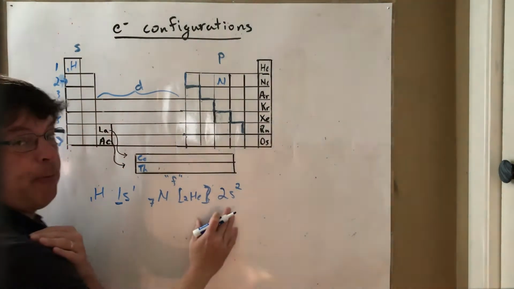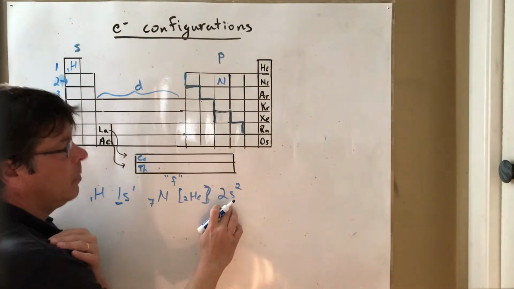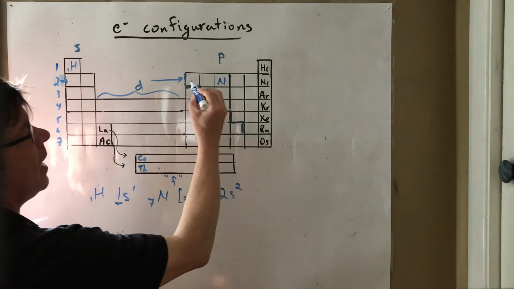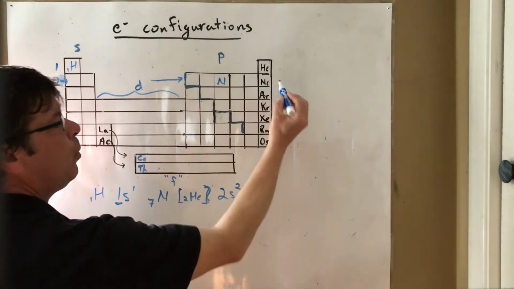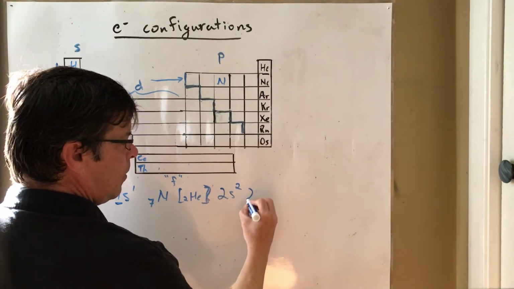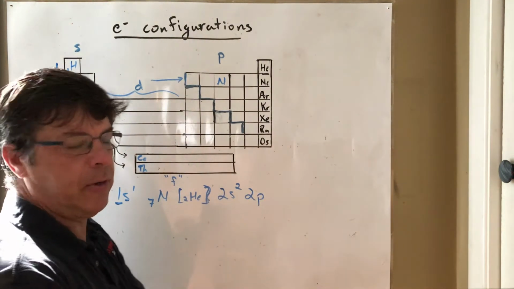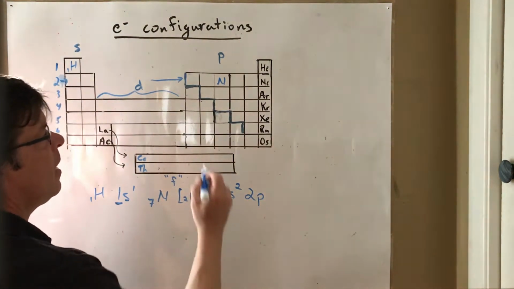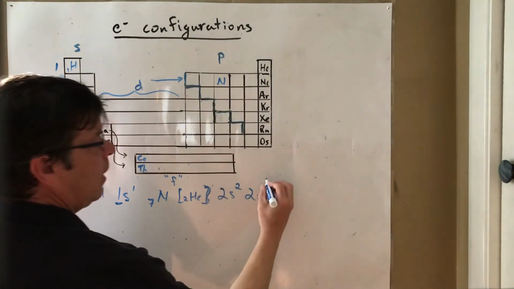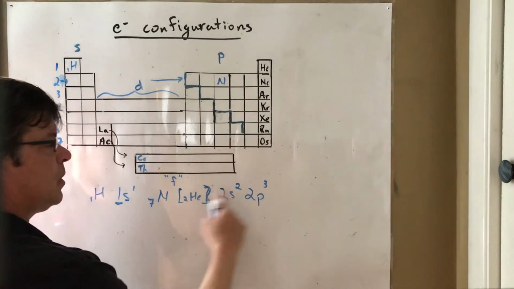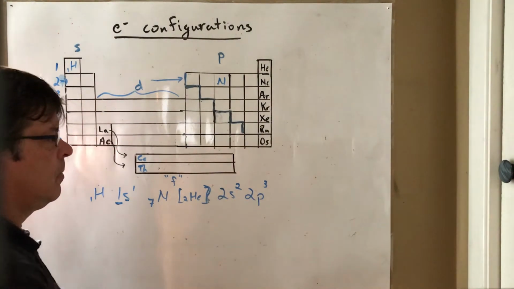Now we've accounted for 4 electrons, and now we follow this, and now we're in the 2p orbital. There's no p orbital in the 1st energy level, just an s orbital, and we'd have 1, 2, 3 electrons. So just make sure you count up the electrons. There should be 7.